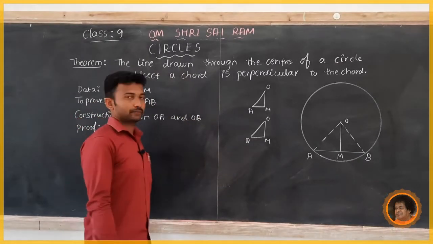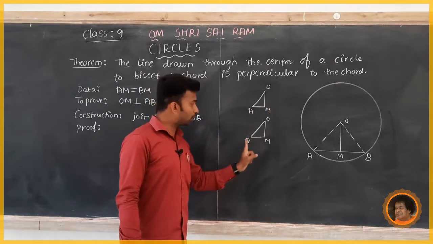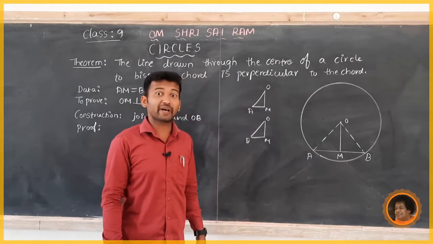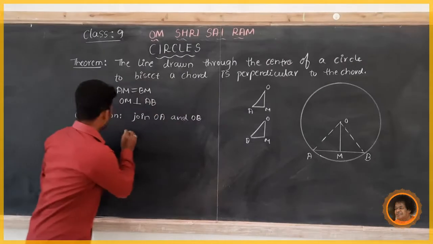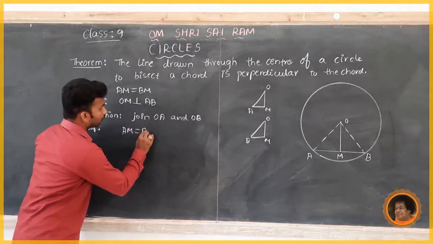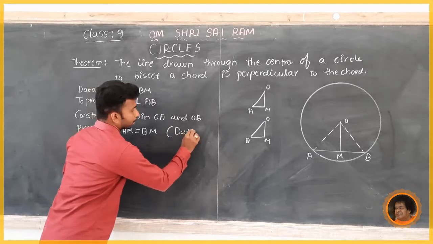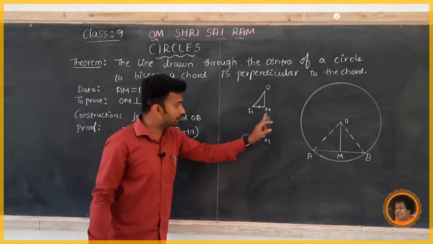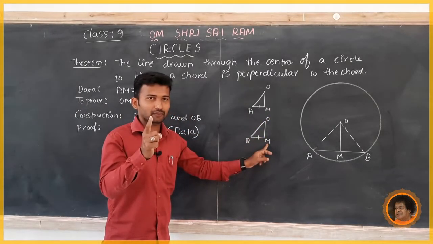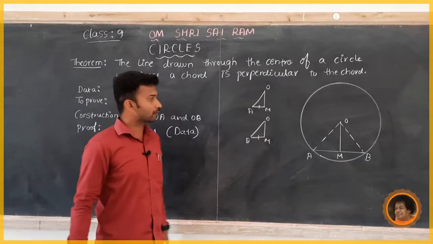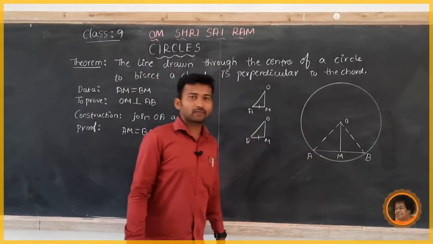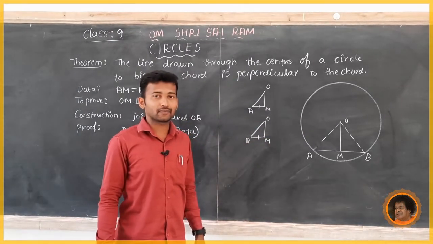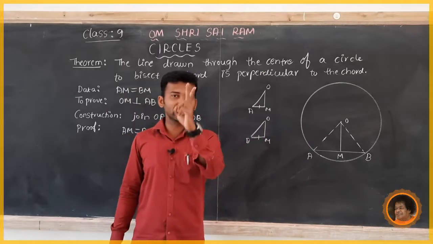AM equal to BM, the two bisected parts of the chord. This is the first element. Second, OA and OB. We can say OA equal to OB, because they are the two radii of the circle.